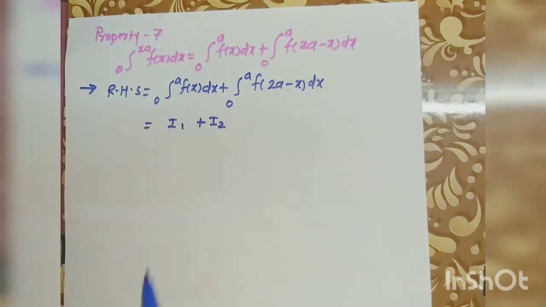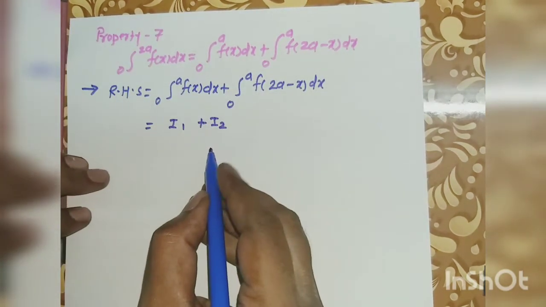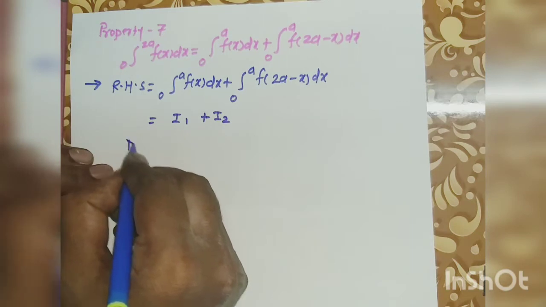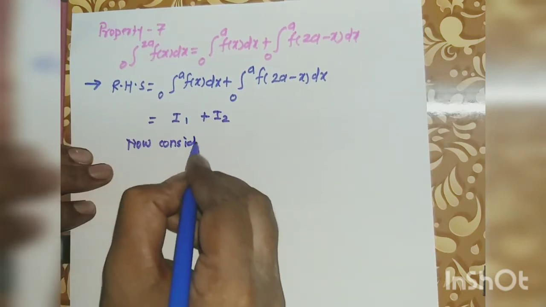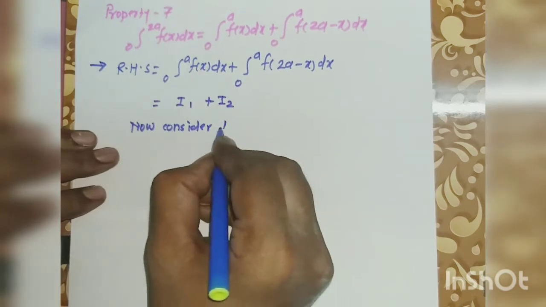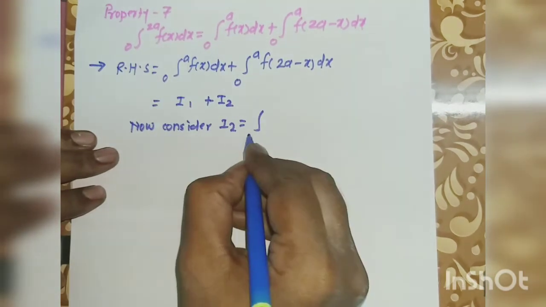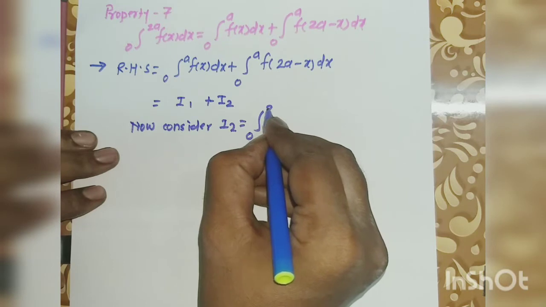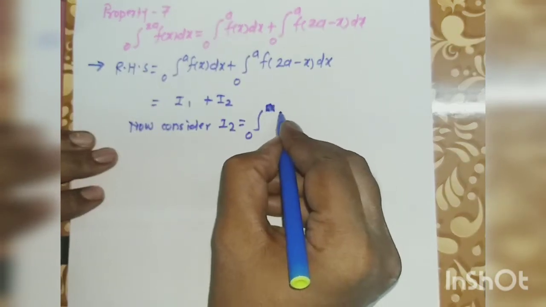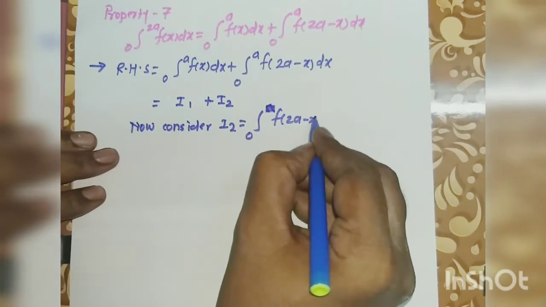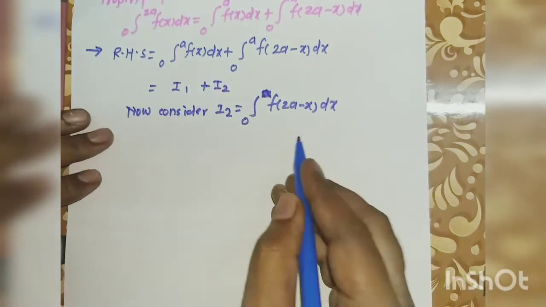Here I1 means the first integral, I2 is the second integral. Now consider I2, which is equal to integration of 0 to a of f(2a minus x) dx.